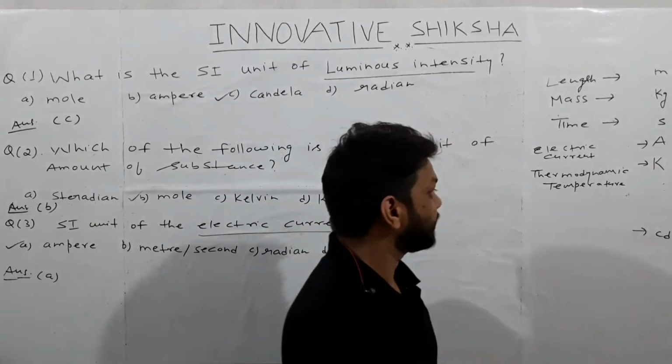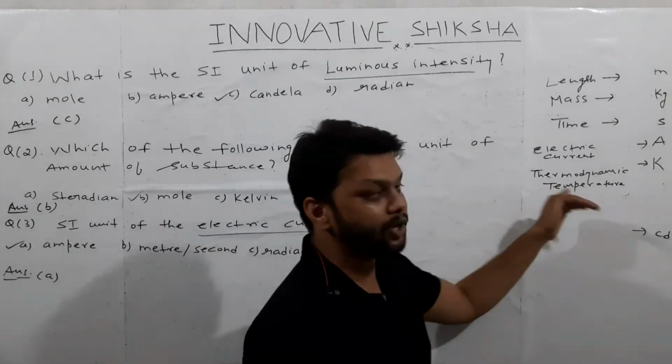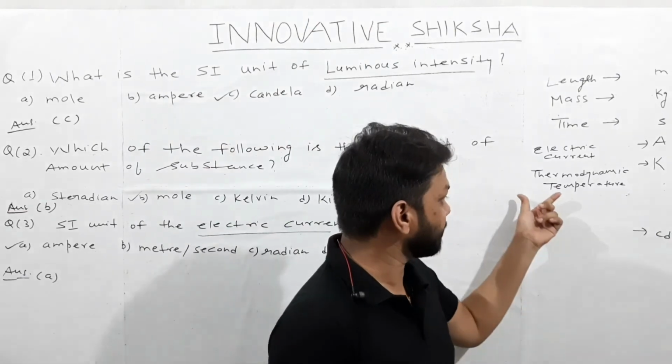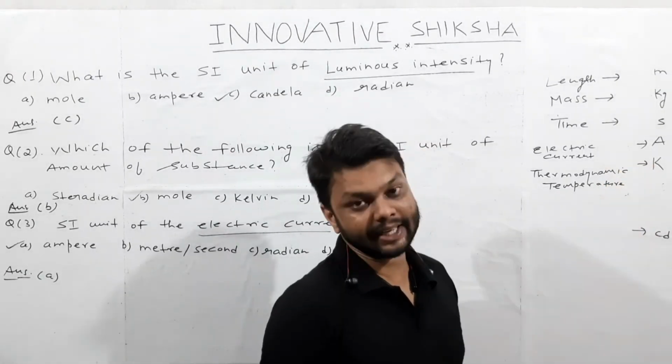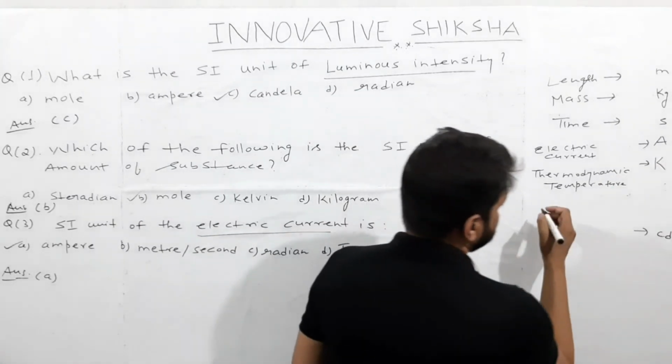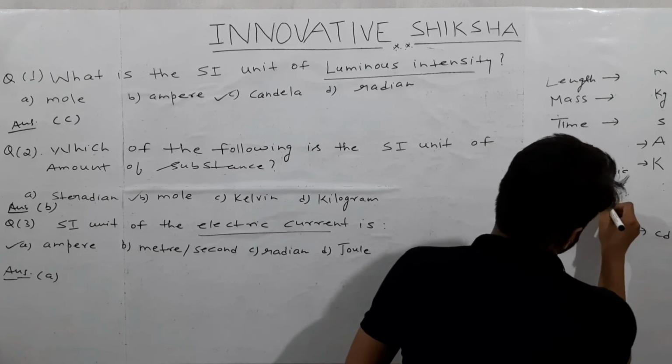Some students say that the SI unit of thermodynamic temperature is degree Celsius, but you should remember that the SI unit is Kelvin and not degree Celsius. The next physical quantity is amount of substance.